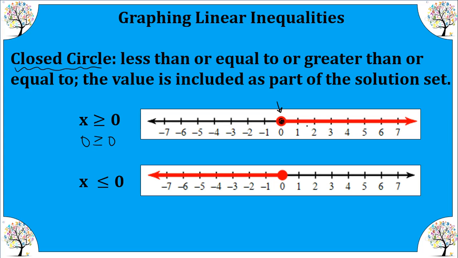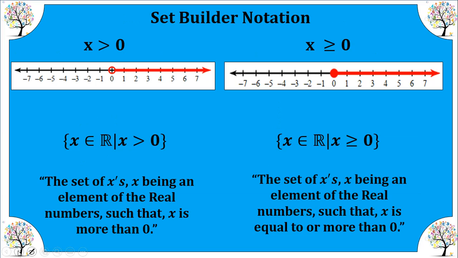Or we could pick 3. 3 is greater than 0. So I'll use that part to make that true. And then the same goes for x is less than or equal to 0. So with a closed circle, that means that value is included with our solution set. And remember, guys, with inequalities, a lot of times when the arrow is going left or right, we're going to have infinite solutions. Now, that won't be true when we get to compound.